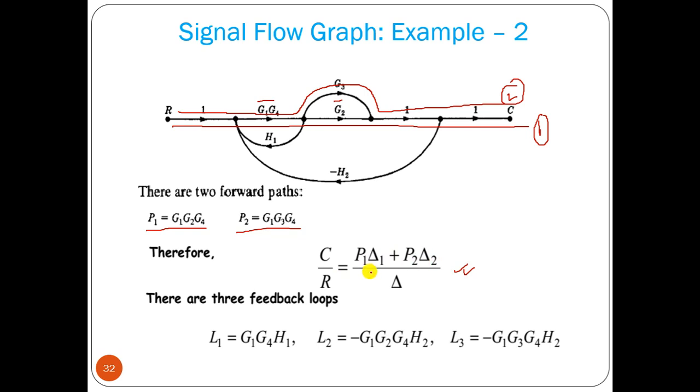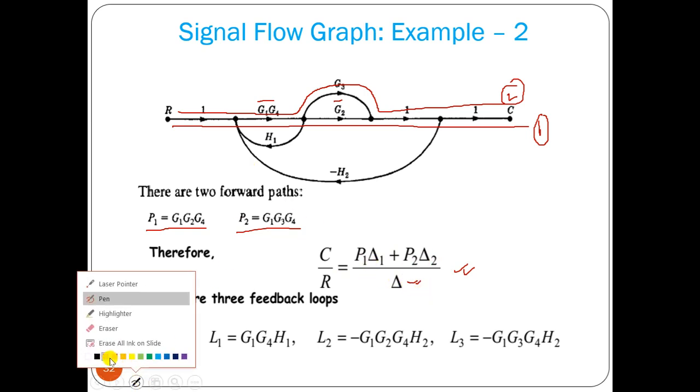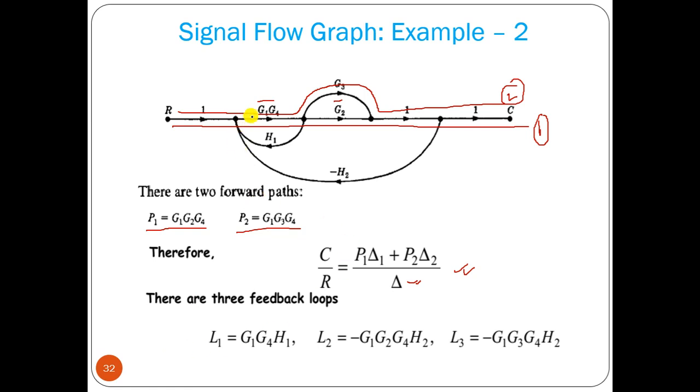Now we have to find out delta. Delta means we need the loops. This is one loop, starting from this node and ending at the same node. This is loop 1.